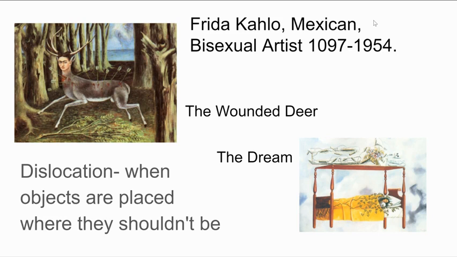Okay. The dream down below, there's lots of things in here that are dislocated. Her bed is in the sky. She's got a skeleton that's on top of her bed. And then she's also got these vines that are growing up over her. She created this painting when she was bedridden after a serious bus accident where the pole that you hold on to, if you can't get a seat, actually went through her, and she was no longer able to have children after that.